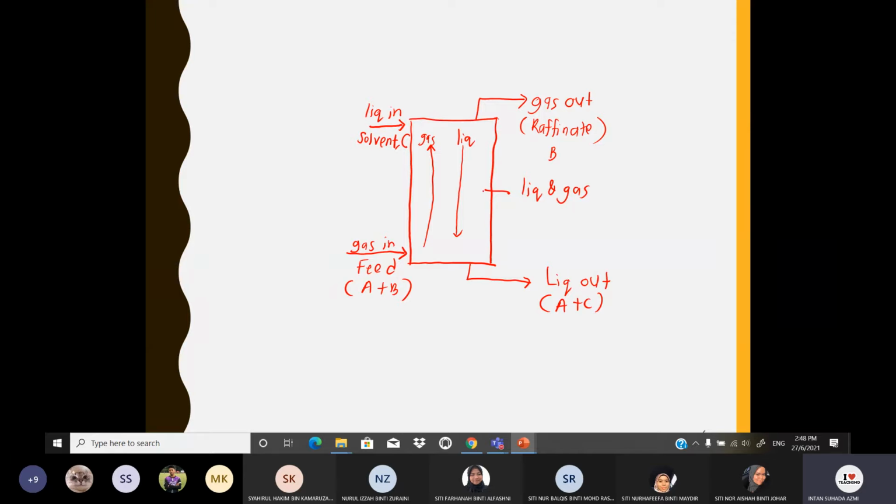In this tower, there will be a contact of your liquid and gas in counter current direction, right? Counter current direction means gas flows in the upward direction and liquid in the downward direction. Gas in feed.